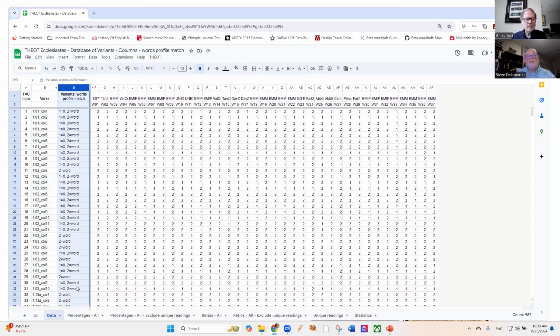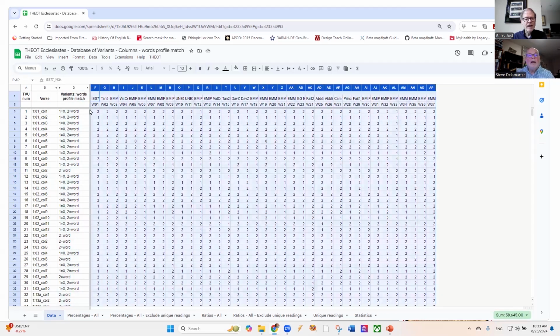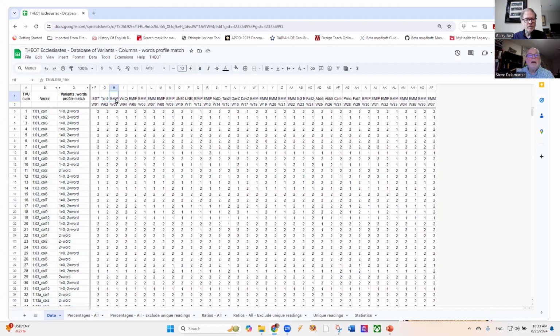And to the right, all of the columns represent a different manuscript. A 2 means, yes, there is a word there in this manuscript for this particular location in the text. A 1 means, no, there is not a word there for a particular manuscript at this point in the text. And we do have a few zeros. A 0 represents, well, you can't know, like if the leather was torn away, you don't know what was there. And so we put in a 0 for that.